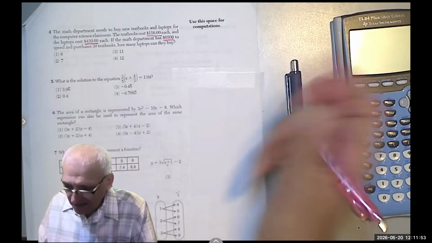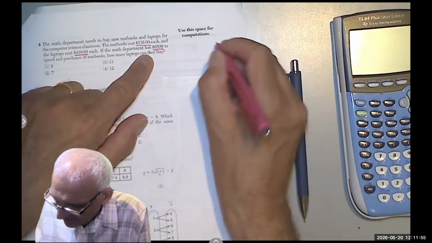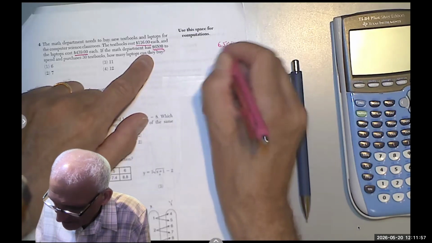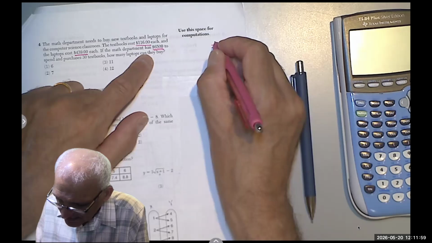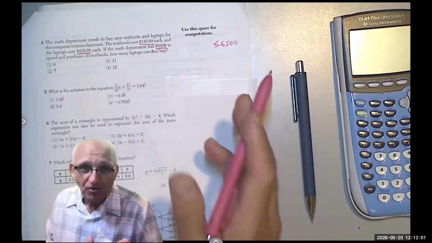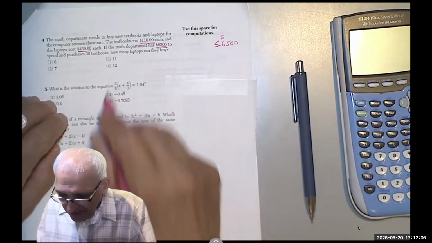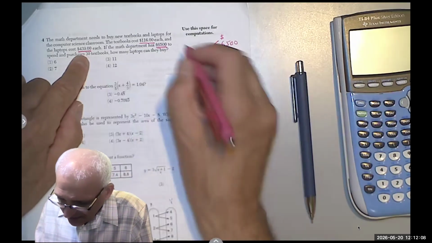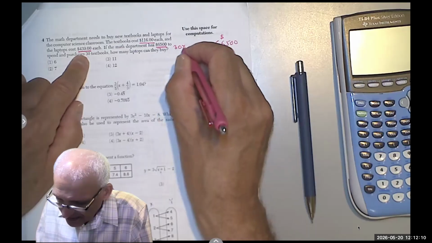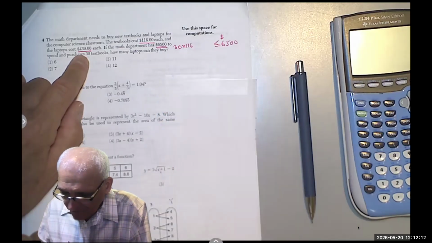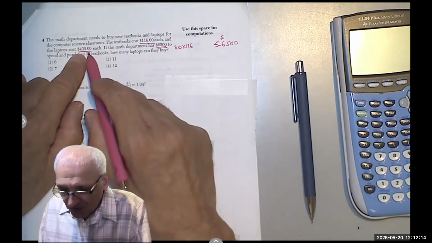Well, they have 6,500, right? So what they spend has to be less than or equal to that if they only have $6,500. Now they got 30 textbooks, and 30 textbooks is 30 times 116, and they don't know how many laptops.